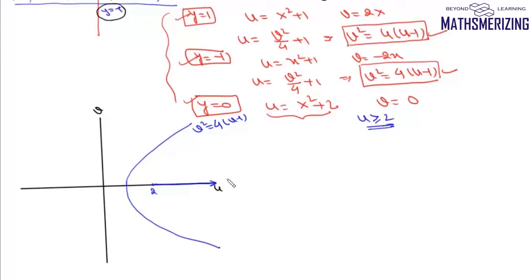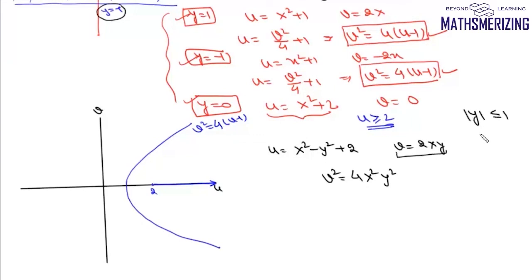Now we need to find this complete region. Now we know that u is x square minus y square plus 2 and v is 2xy. So if we square this second equation, we'll get v square equals 4x square y square. Now in the question it says mod of y is less than or equal to 1, which simply means y square is less than or equal to 1. So we can write v square is less than or equal to 4x square.